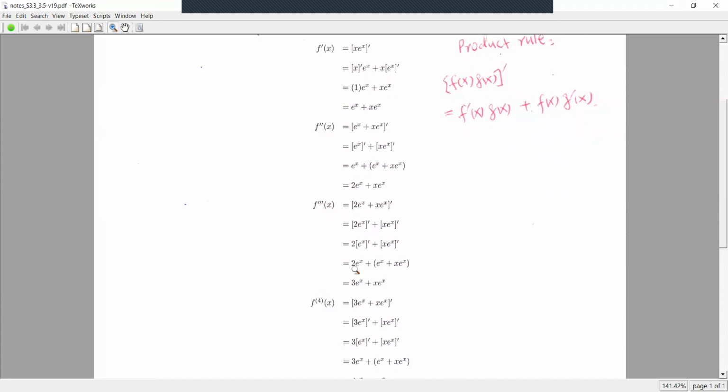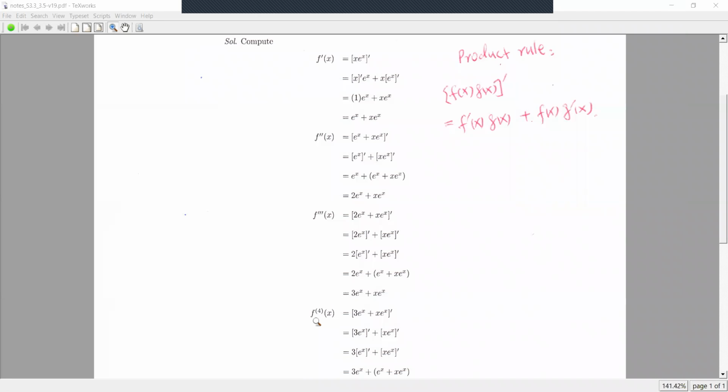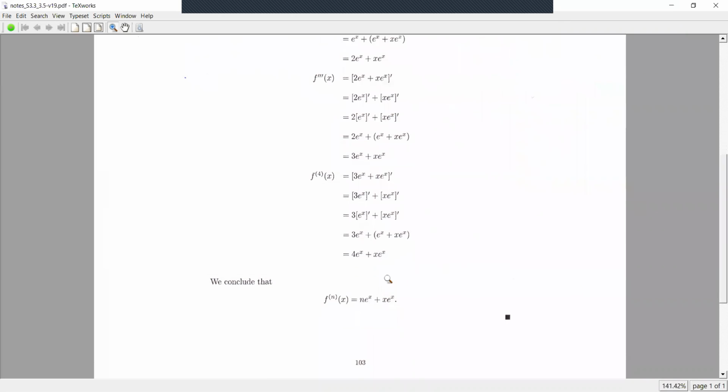Combine 2e^x and e^x, then this is the result of the third derivative. Similarly, to compute the fourth derivative, the result is 4e^x plus xe^x.